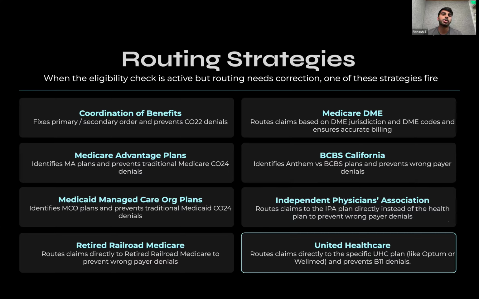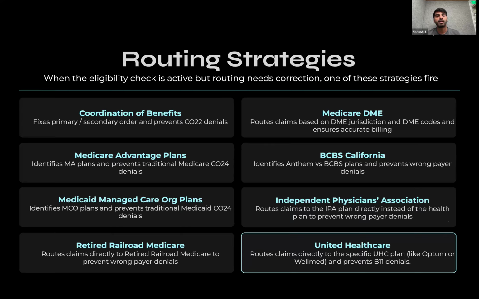The next part that I want to talk about is, obviously, this is the scenario when the eligibility check is active. We also have solutions for when the eligibility check is inactive or inconclusive, right? When an eligibility check is inactive, that's already a bit of a flag, so we want to look at those cases.